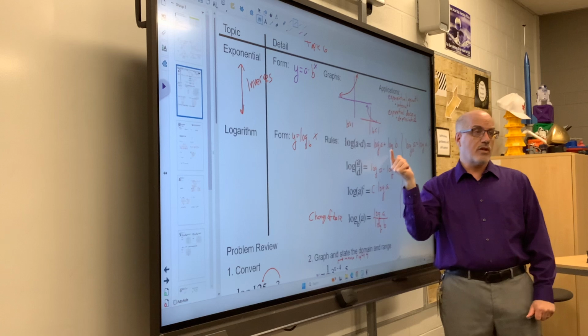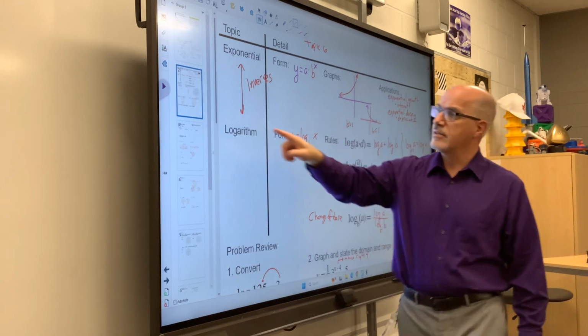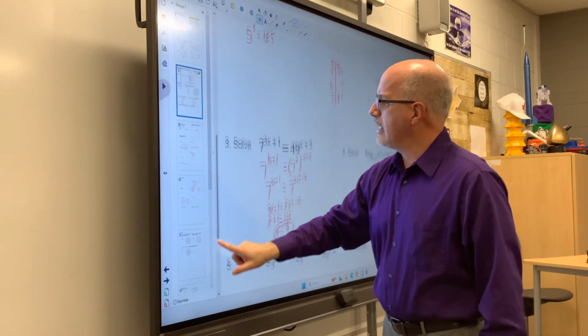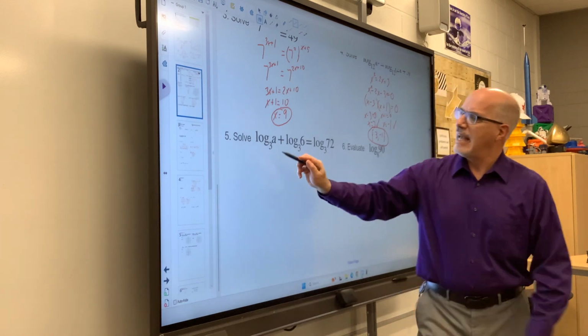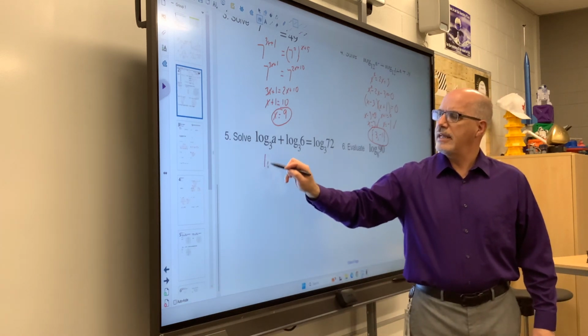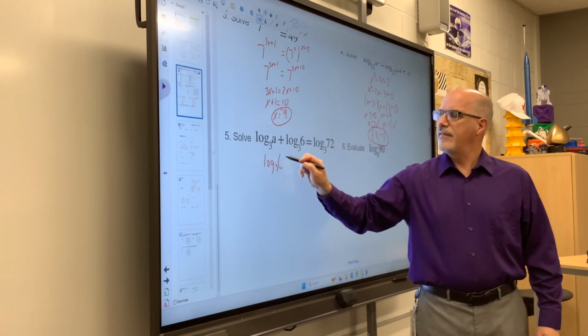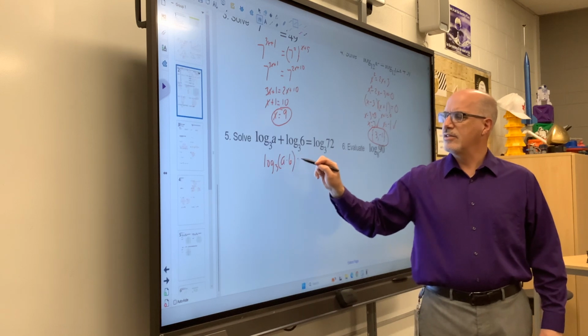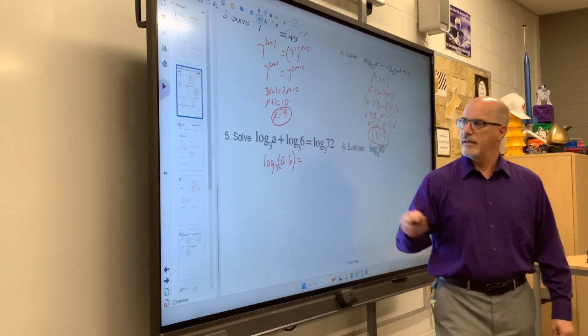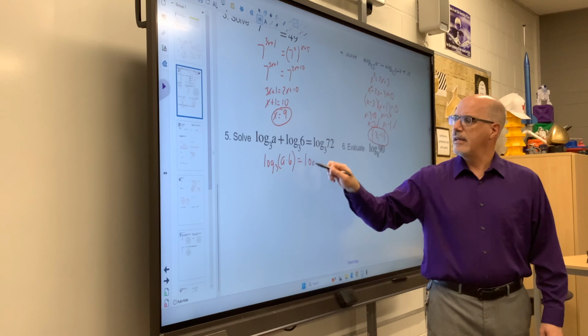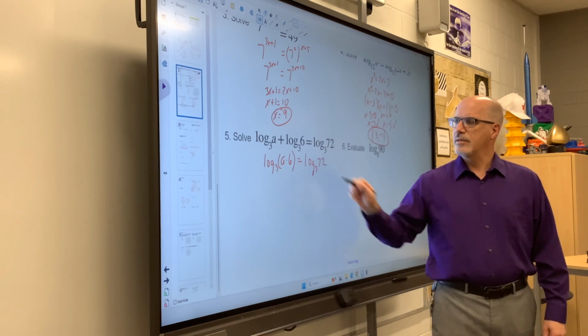So two logs being added with the same base. I'm going to go ahead and take these together and make it log base 3 of a times 6. You can bring them together and multiply. Log base 3 of 72.